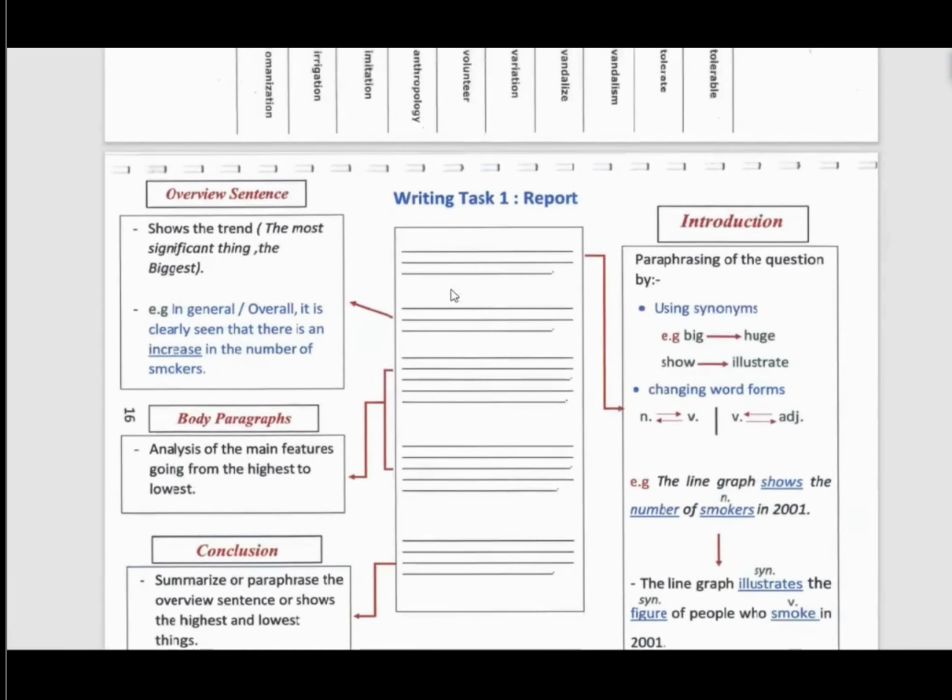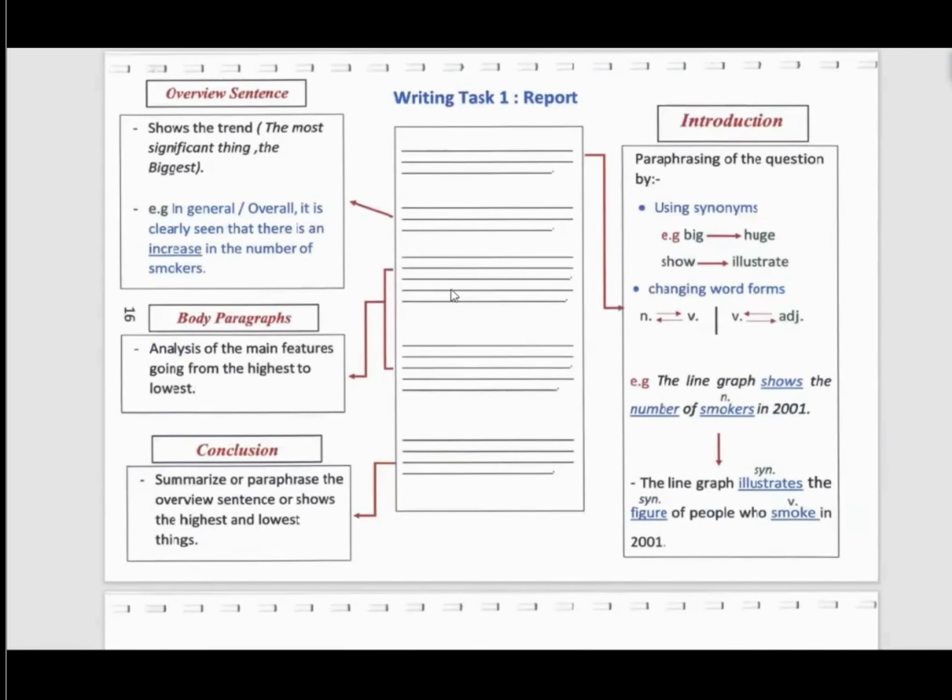And I will show you the different types of questions in task 1. As you can see from the structure here, I tried my best to finalize the structure this way, to make it clear and easy for you to remember how to organize your information.